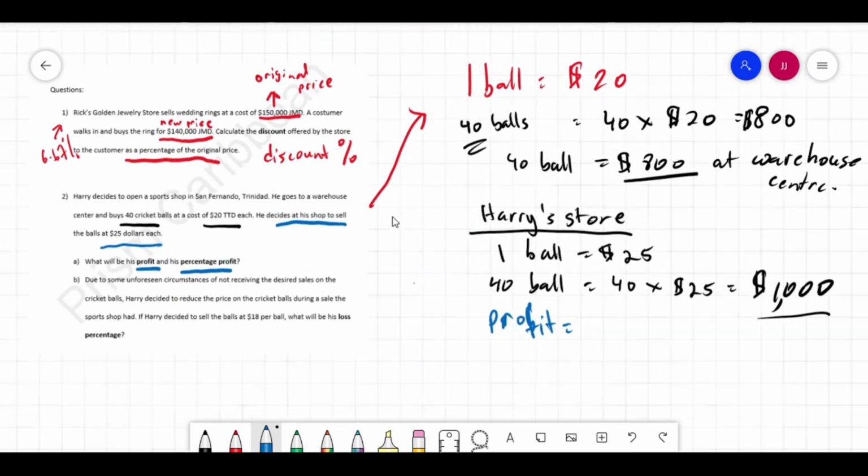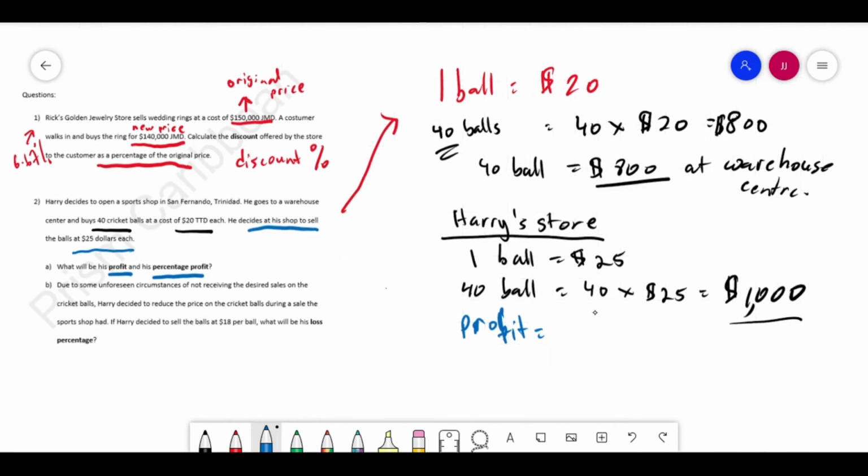The selling price, which is the price he sold the 40 balls for, was $1,000, minus the cost price, which was the original price he bought the balls for, $800. And in this case, it will be $200. I keep writing an extra zero. Sorry. $200 profit, right?